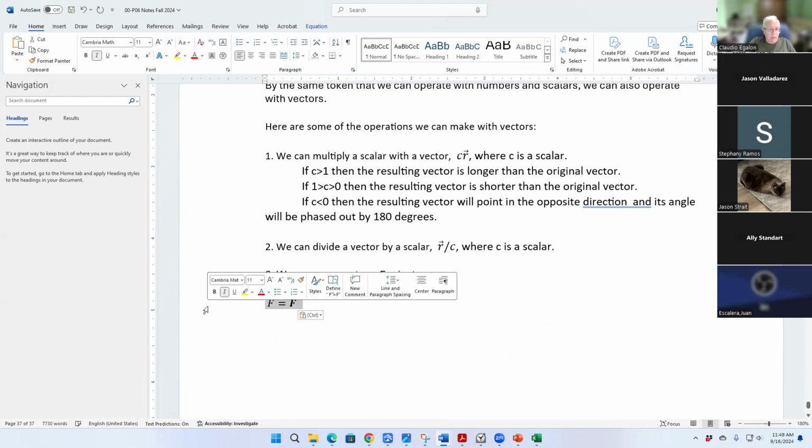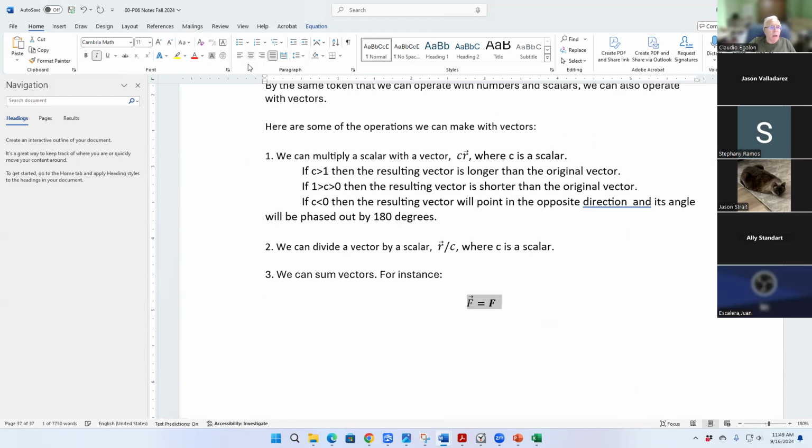When I sum the A vector with the A vector, what do we get? We get twice the original vector. Make sense? Okay.